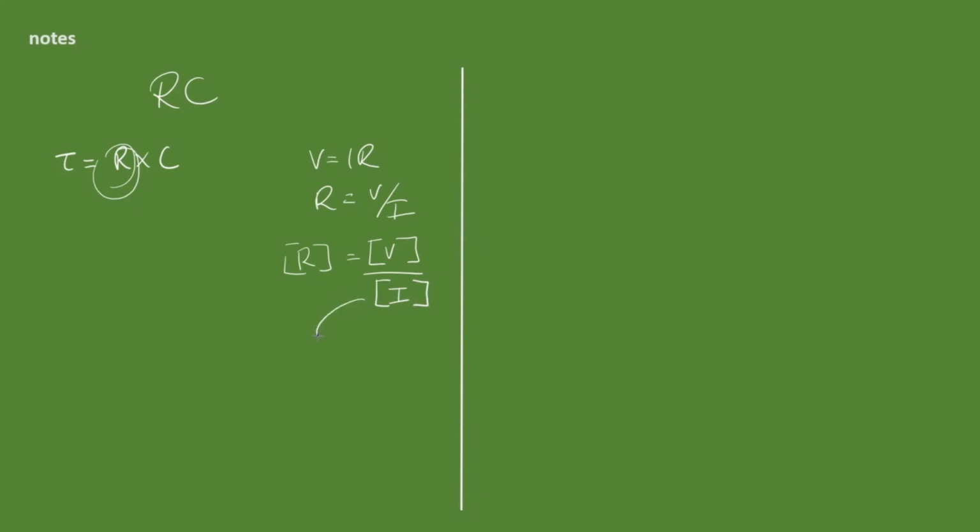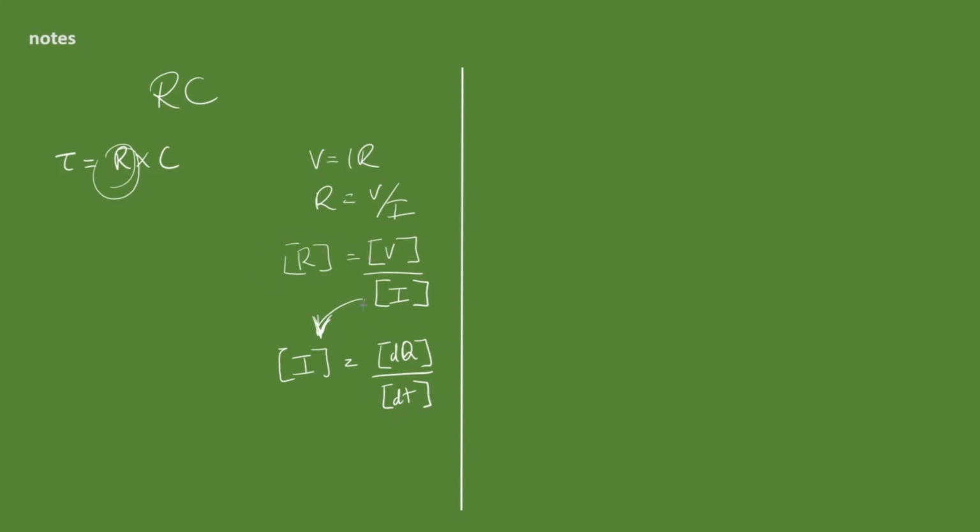I'm going to make an important distinction here: current is charge flowing divided by time, Q over T, dQ dt. So the dimensions for current are dQ over dt.